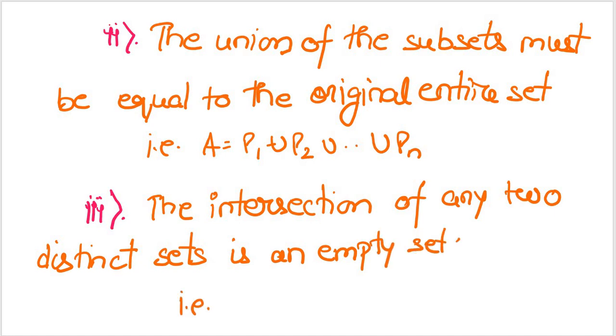That means if I have, let's say, a set PA and I'm going for intersection with PB, I should get an empty set. The way I have partitioned it, each and every element is different. So if with the help of subsets I am going for the intersection, in that case I am getting an empty set. So this was all about Russell's paradox and partitioning of a set.